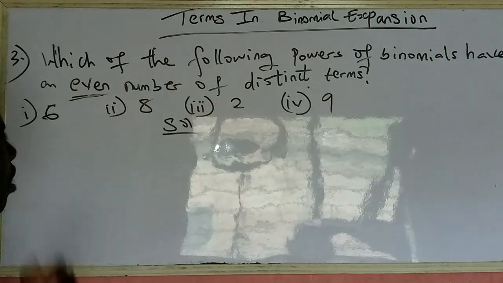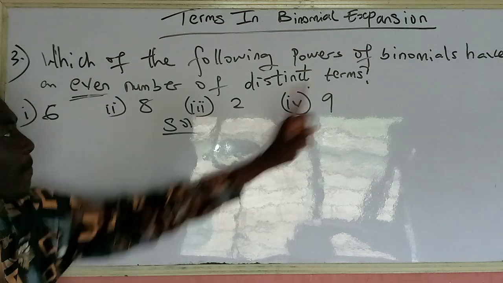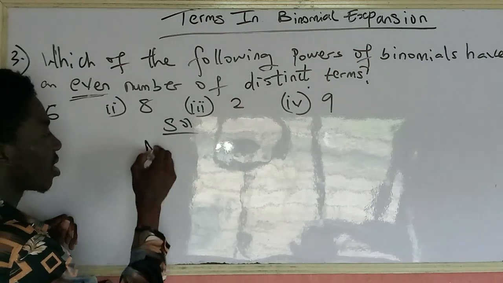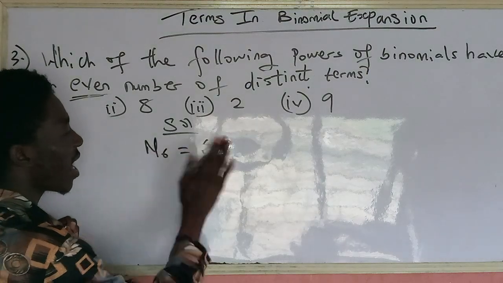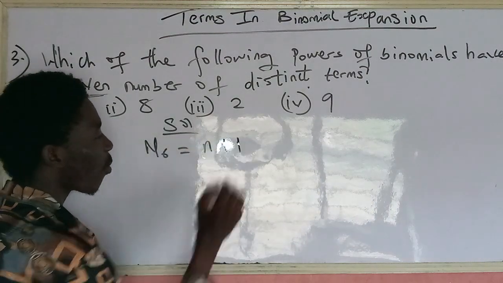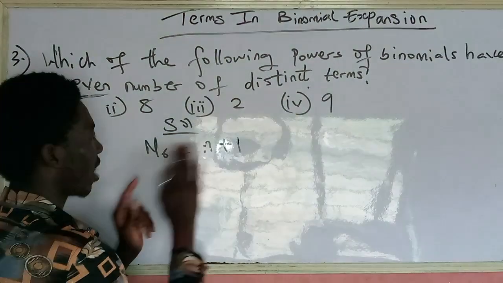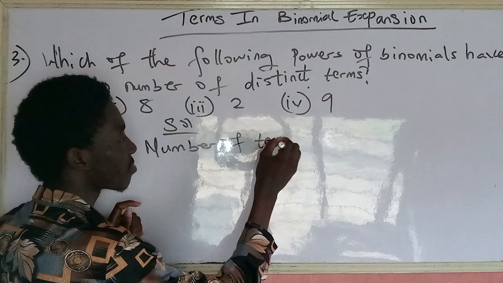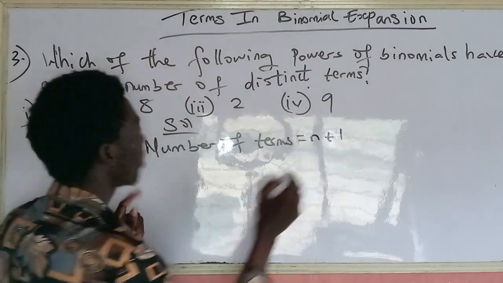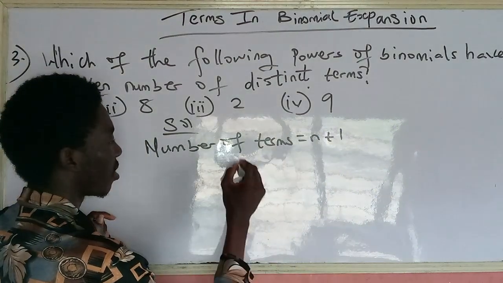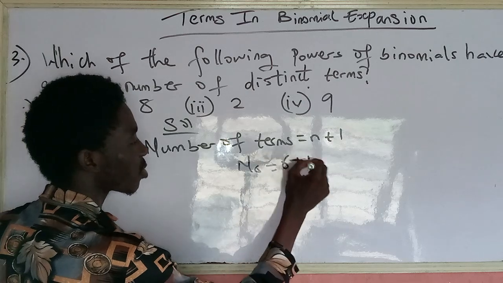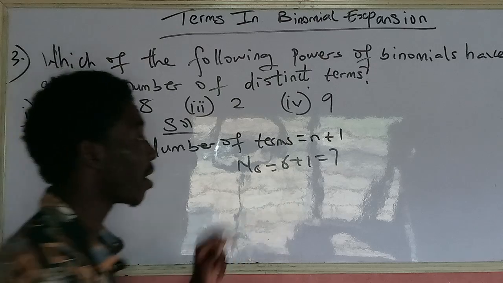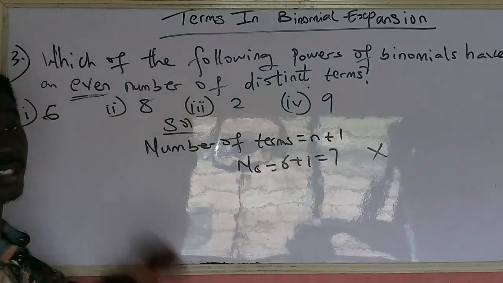Now for 6, that will be what? n plus 1, the number of terms. What is 6 plus 1? That is 7. Is 7 an odd number or even number? An odd number, not an even number. So that is 1. This option is out.